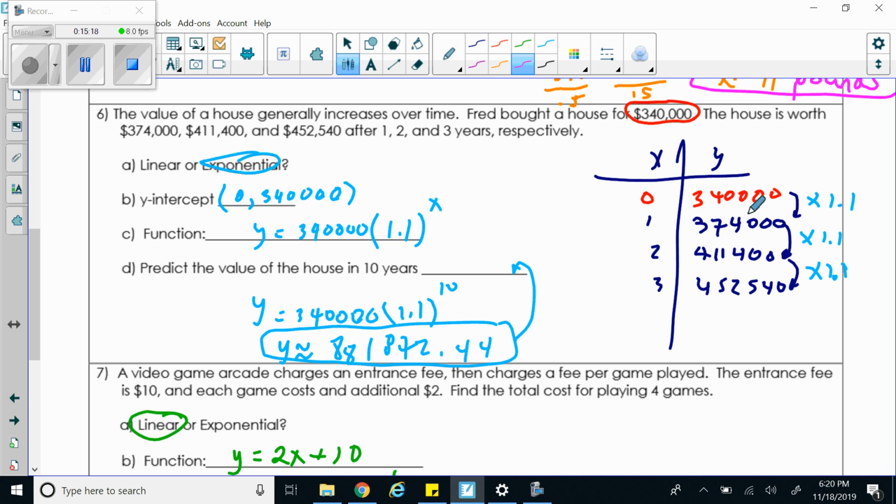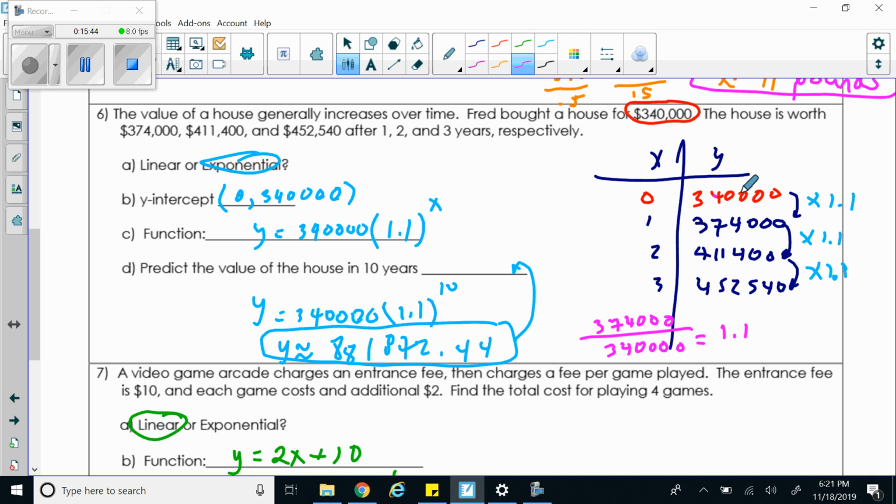So what you do is you take the second number, for instance, 3,740,000, and divide it by the first number, 340,000. So you always take the previous number, or like 1 divided by the 0 number. Take 2 divided by the first number. So what you'll get for all of these when you divide it is 1.1. So then you test it.